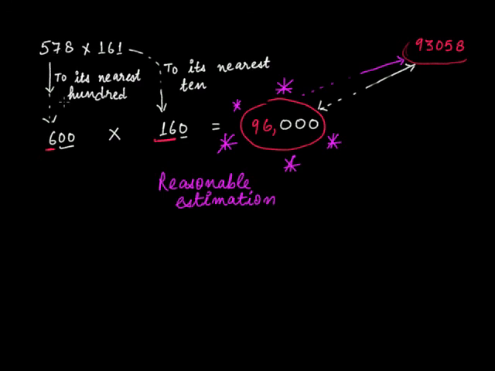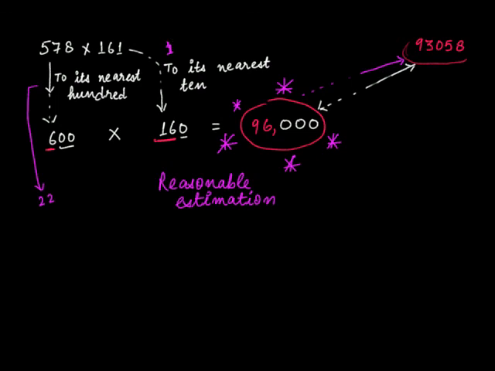When I make the adjustment in this number, applying some rounding off, you'll see that it came to 600. The difference between 600 and 578 is 22, right? And we made 161 to 160, and the difference is 1.